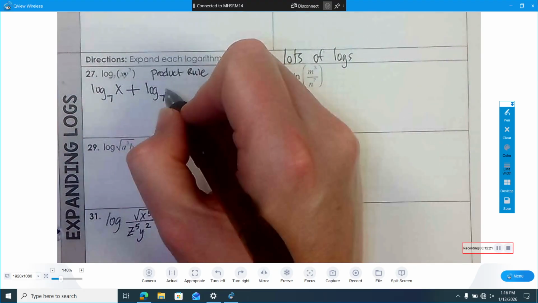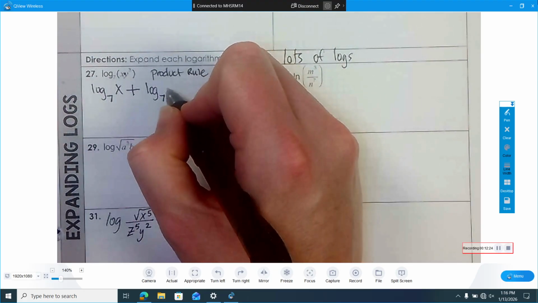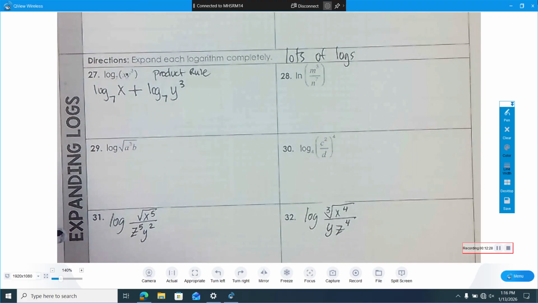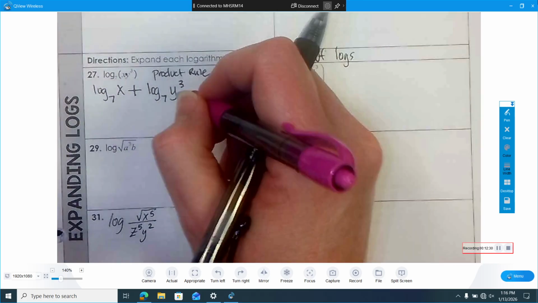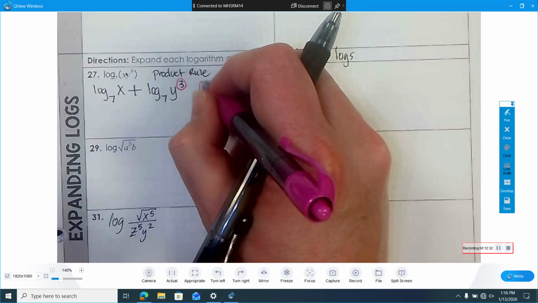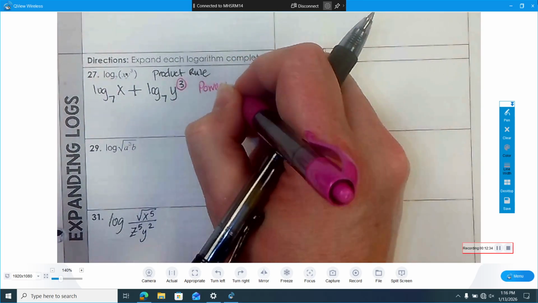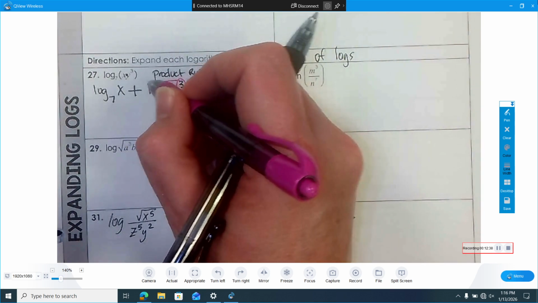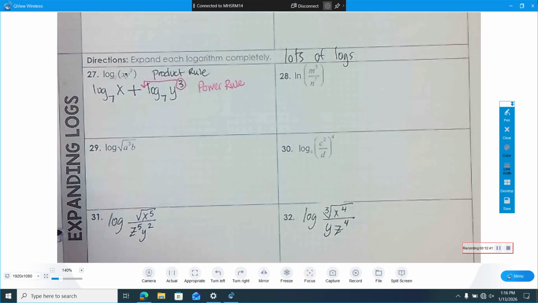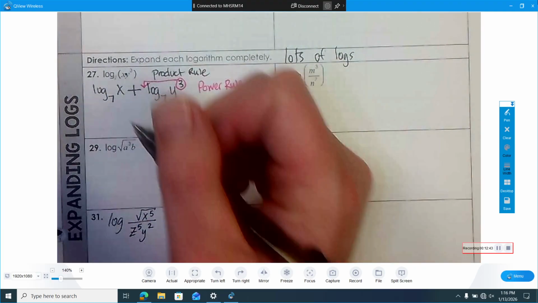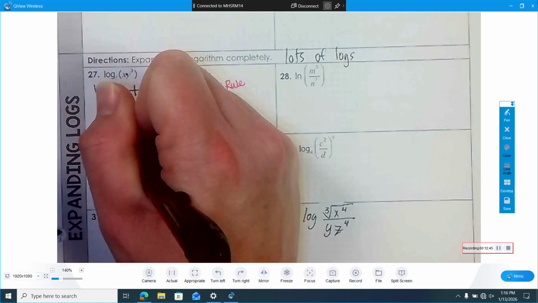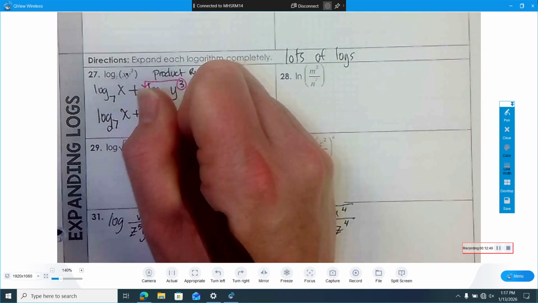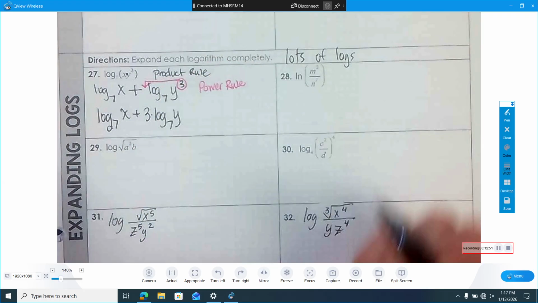We're going to have log 7 written out a lot. Log base 7 of y to the 3rd power. And then what can we do with the last thing? Yeah, we got a power play here. I call that a power play, but it's really the power rule. We have a power. It gets to drop in front of its own little log. So it drops right down in front of its own little log there. So I have log base 7 of x plus 3 times log base 7 of y.